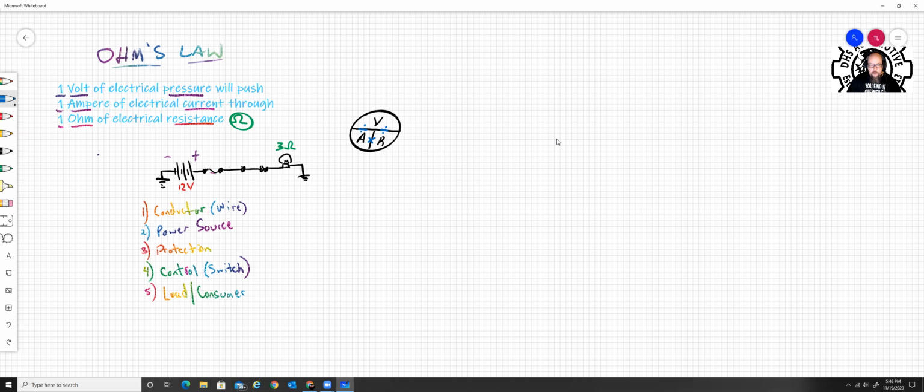It's going to be 4. So I'm going to have 4 amps flowing through my circuit. I like to draw a little arrow to indicate that it is flowing. That's just me, though. You're not necessarily going to see this in any other class. So I have 12 volts, 3 ohms of resistance, which means I could push 4 amps through it.